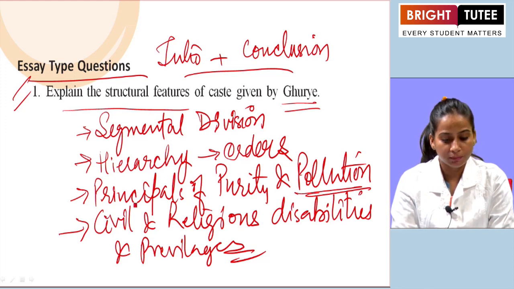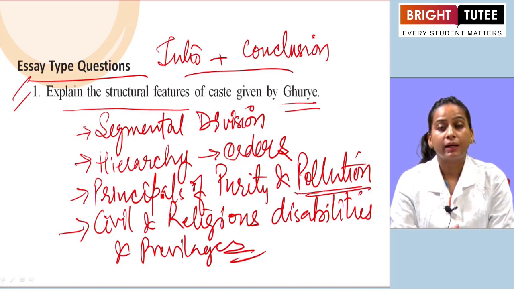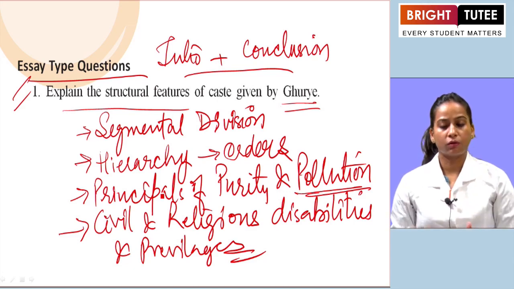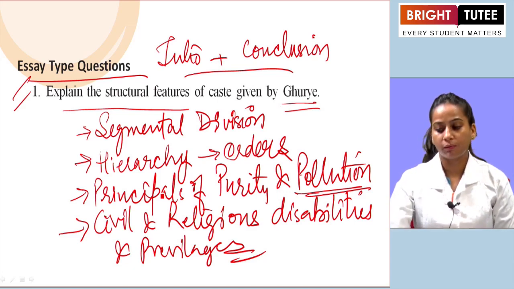For example, lower castes were not allowed to move freely, and they were not allowed to use the Vedic rules. They were not allowed to follow those rituals, and even they were not allowed to enter the temples. So all these points or features you can mention here given by Ghurye.